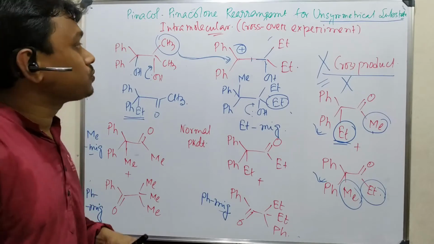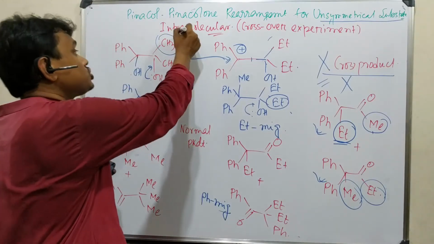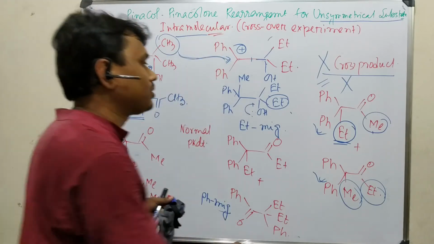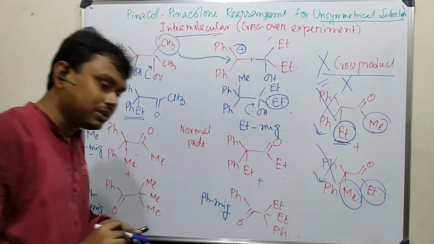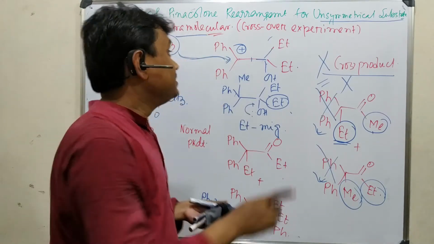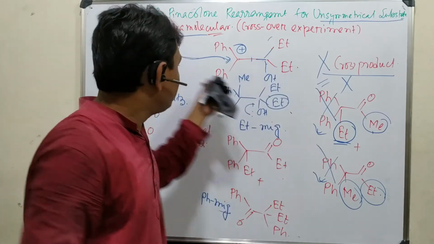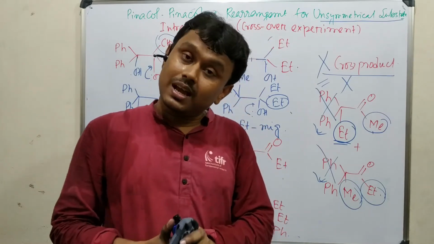So in this way cross products are possible, but since it is not intermolecular, it is intramolecular, that's why we will not get any of these cross products. We will get this. So this example proves that this Pinacol-Pinacolone rearrangement is intramolecular, and that is based on this unsymmetrical substrate.